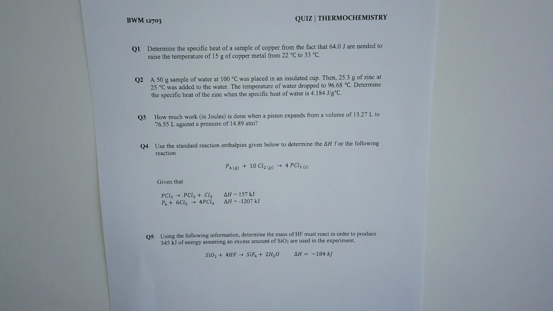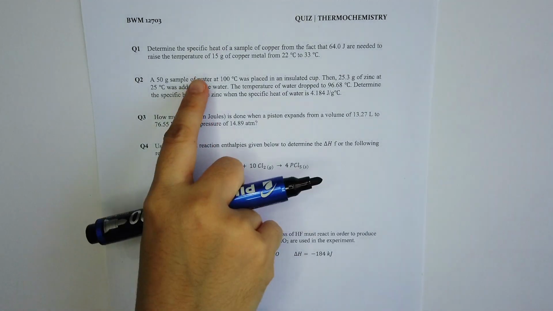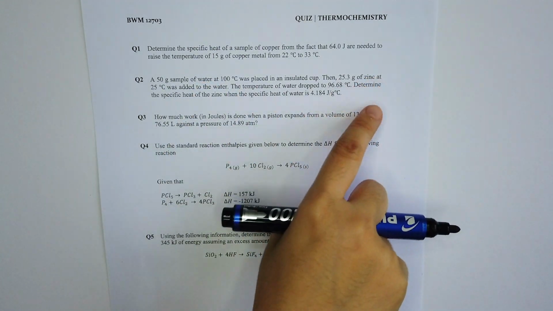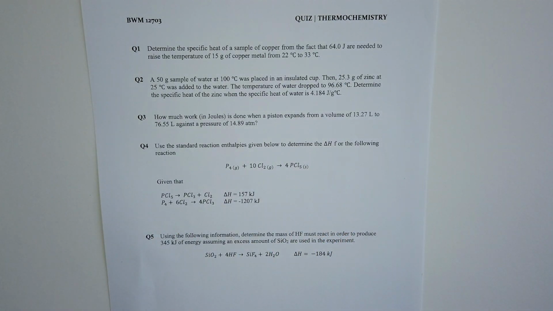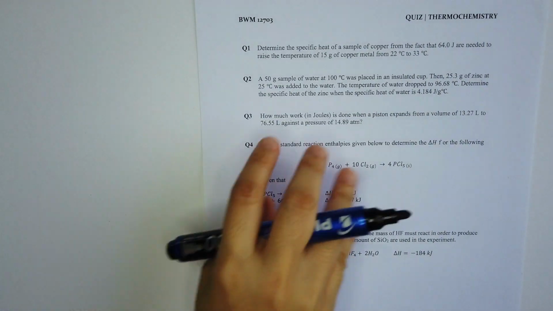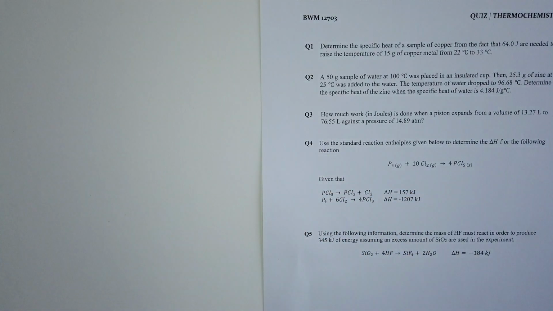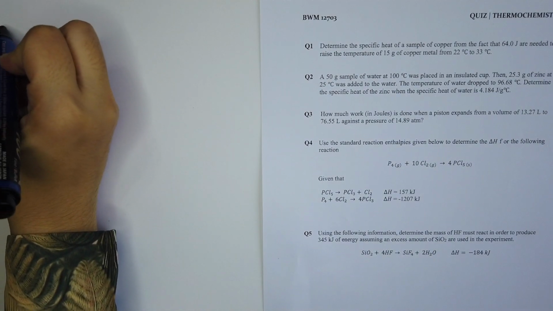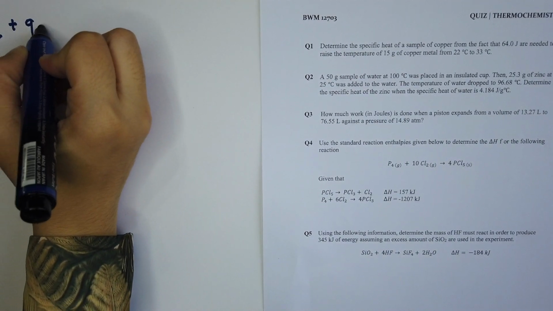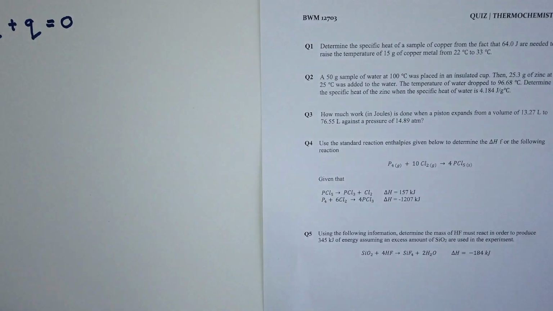You have 2 different things, water and your metal, which is zinc. You need to remember that energy cannot be formed and cannot be destroyed. So each and every substance in this reaction will have its own Q, and Q plus Q equals 0.